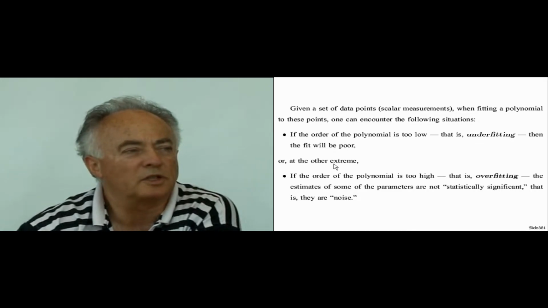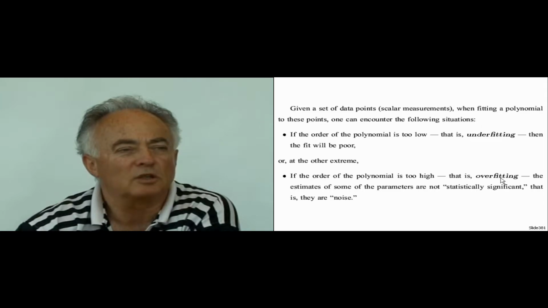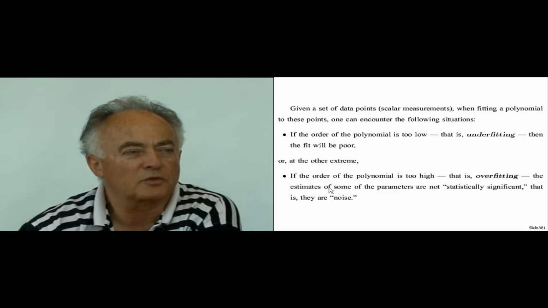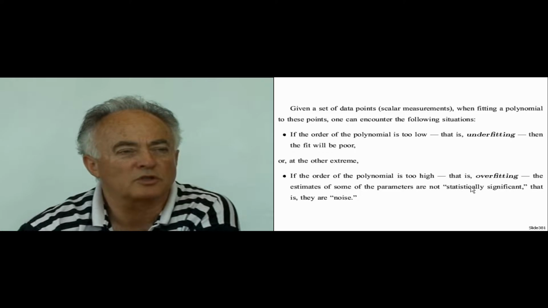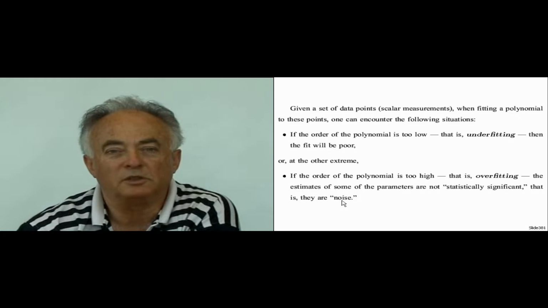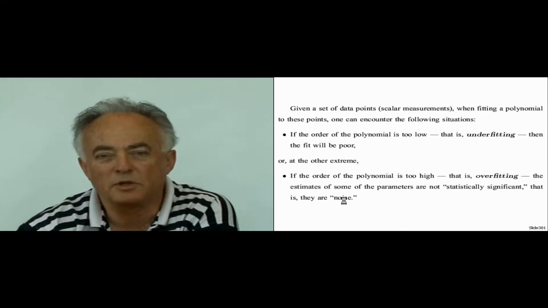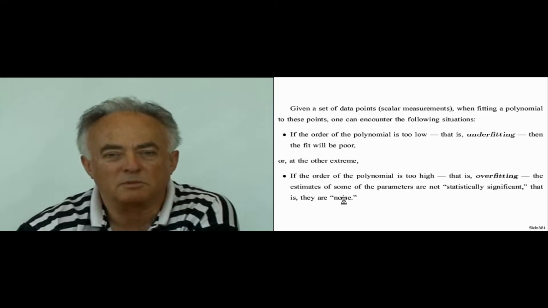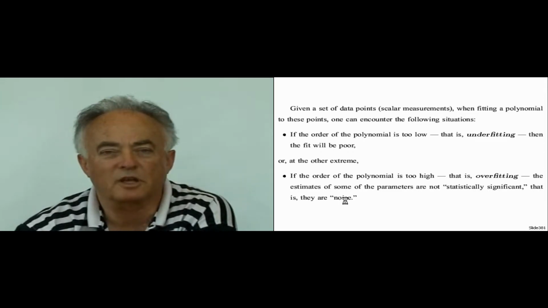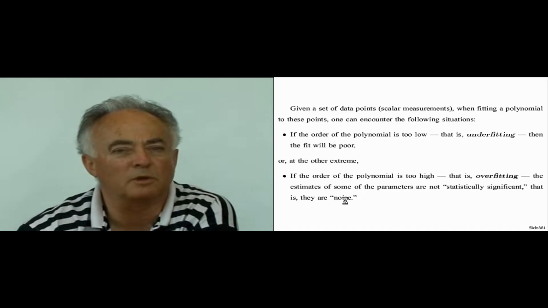At the other extreme, if the order of the polynomial is too high, in this case we are overfitting, it turns out that the estimates of some of the parameters are not statistically significant. Namely, they are buried in noise. They are pure noise. No such parameter is there. So we have to make a decision based on imperfect data how many parameters we should use in a particular problem. That's like a model selection problem.